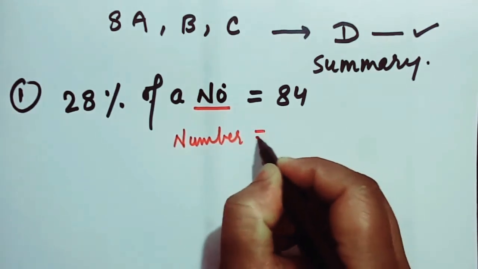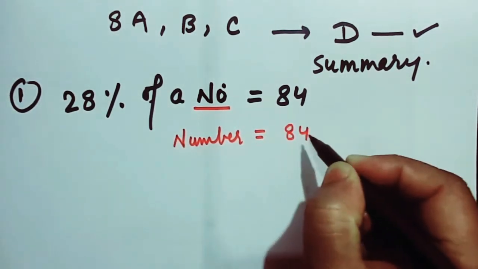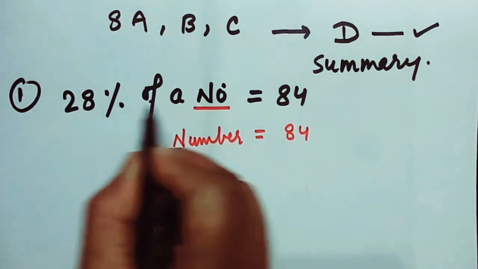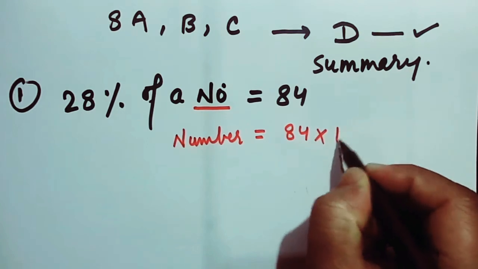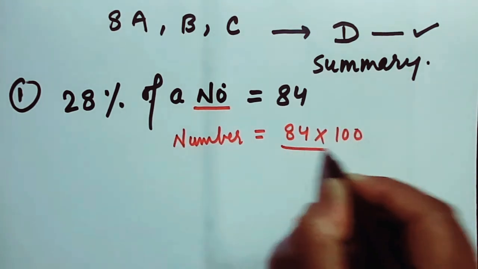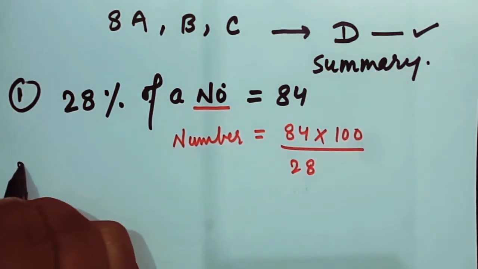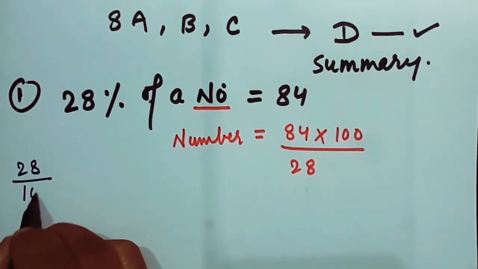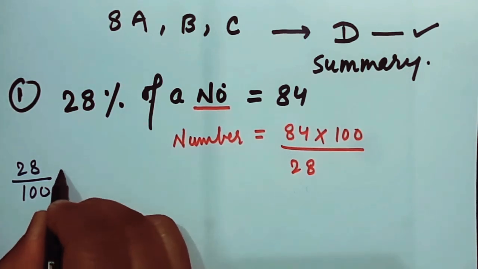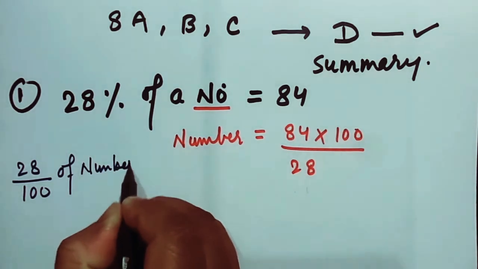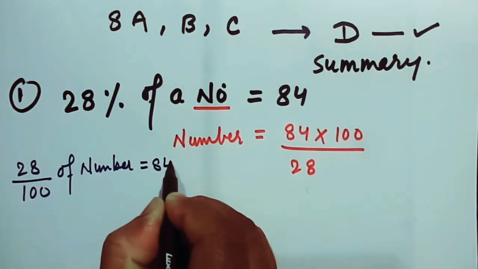So 28% means divided by 100 of this number is equal to 84.